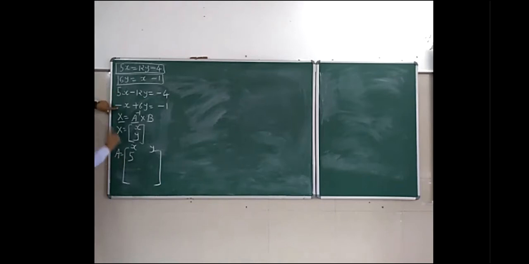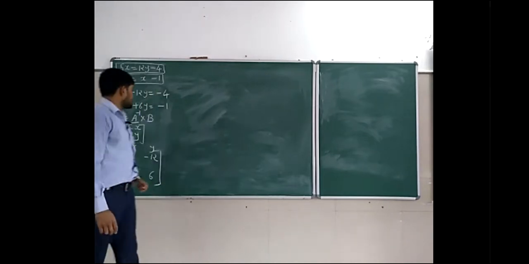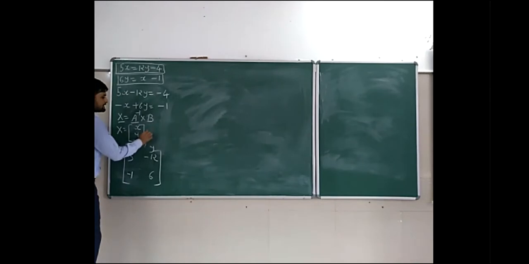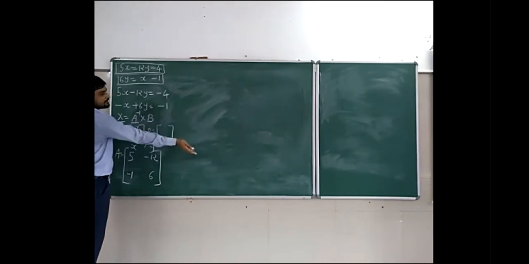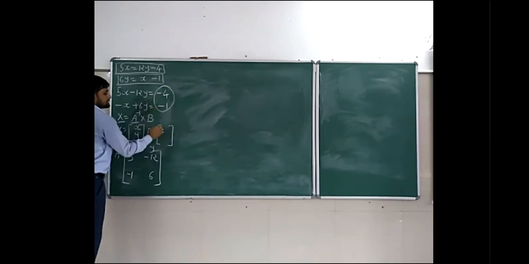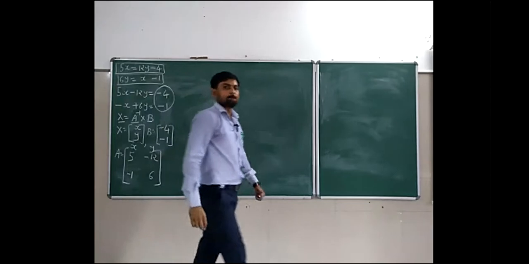How many x? Minus 1, because 1x is negative. How many y? Minus 12y. And how many y? Plus 6y. So this is A. And next, we require B. B is a vector of the right hand side constants, so we have minus 4 and minus 1. So this is B.